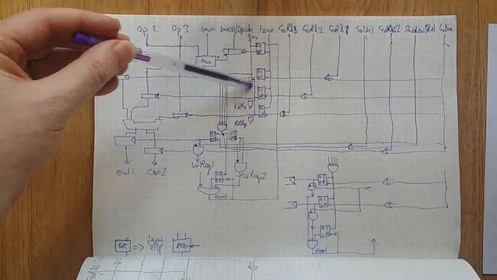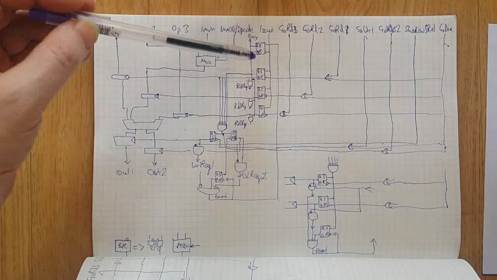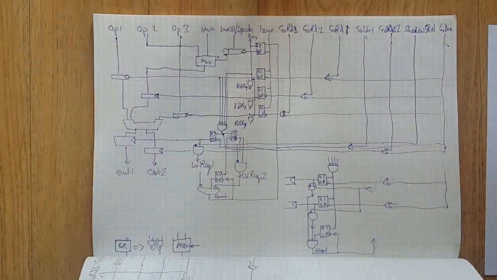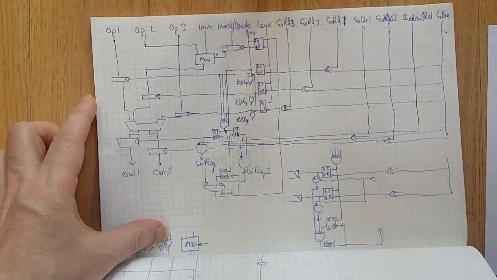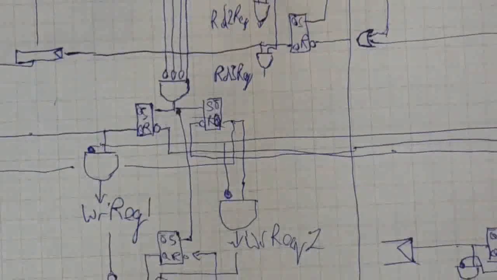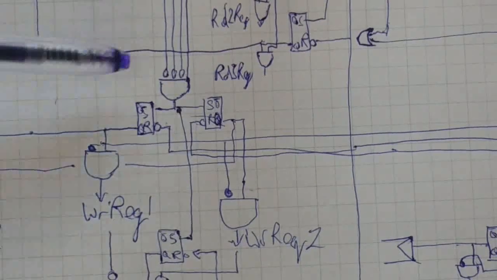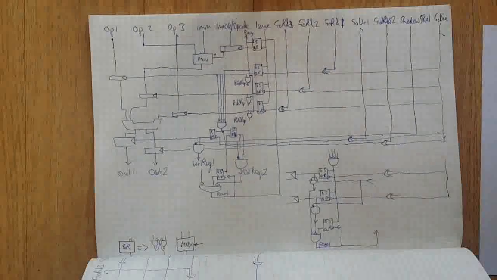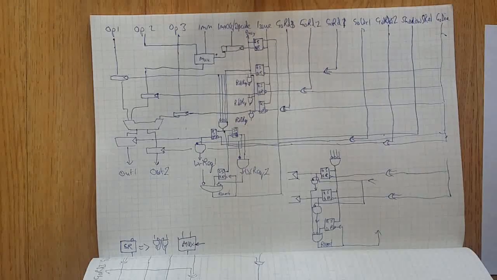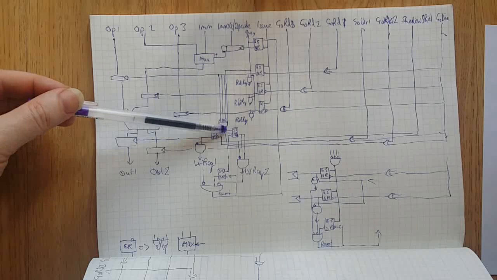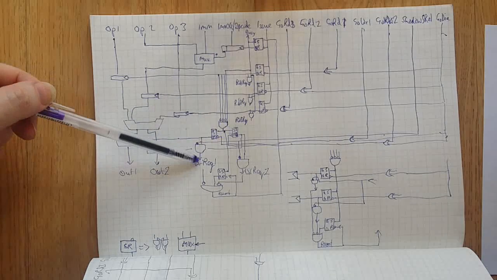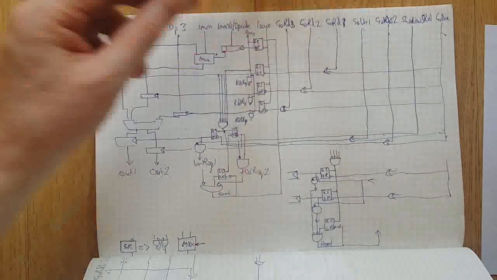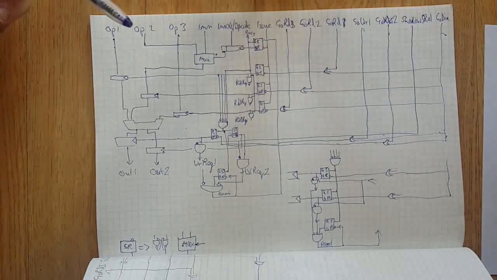In any order, these can be fired, but when all 3 of them have fired, and that's what this is for, only then can we move to the next phase, which is the write request 1 and go write 1, and write request 2 and go write 2.